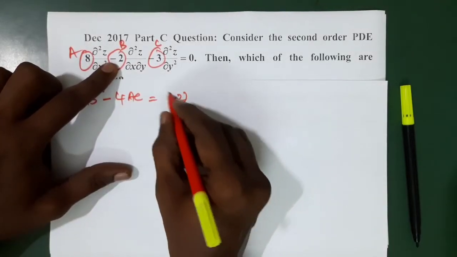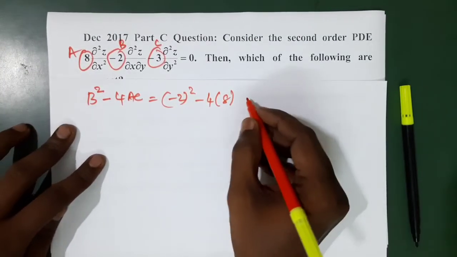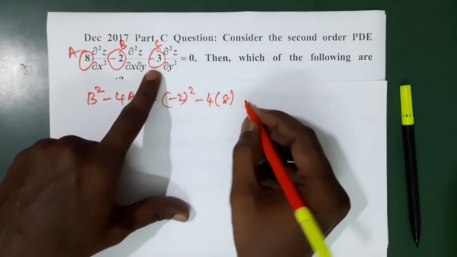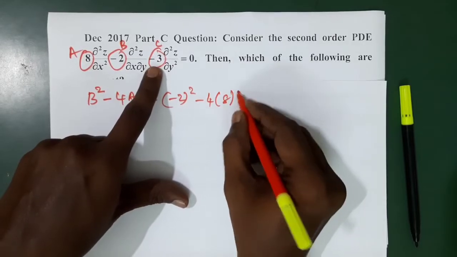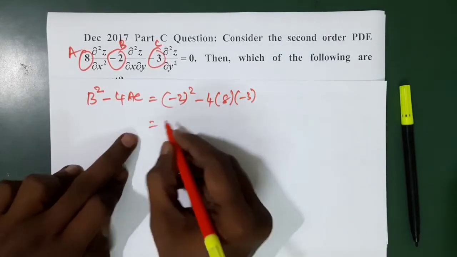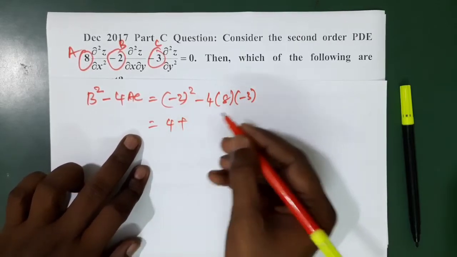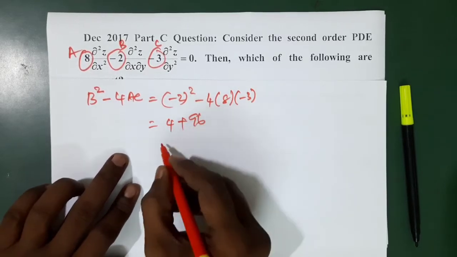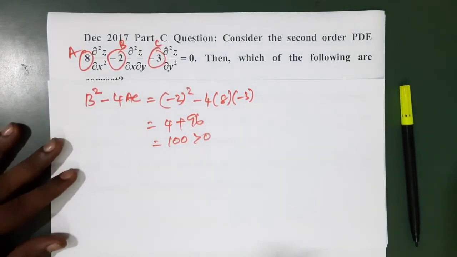So minus 2 whole square minus 4 into A is 8 and C is minus 3. So this is 4 plus 96, so this is equal to 100, greater than 0. So this is the hyperbolic type.